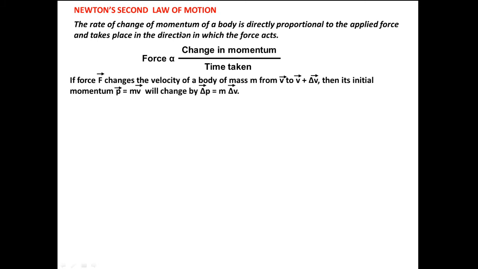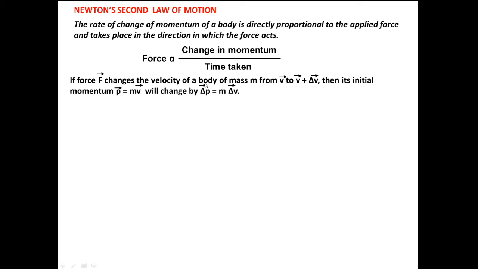If force F changes the velocity of a body of mass m from v to v plus del v, then its initial momentum, which is p equal to m into v, will change by del p. The change in momentum is equal to mass times the change in velocity.